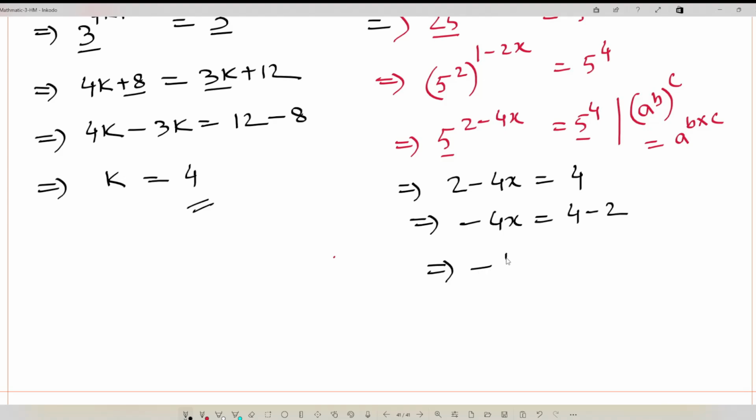Now minus 4x equals 2, then we divide both sides by minus 4, so x equals minus 2 divided by 4, which is minus 1 divided by 2. So our answer is x equals minus 1 divided by 2.